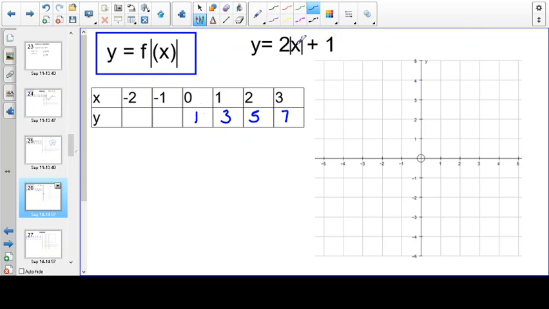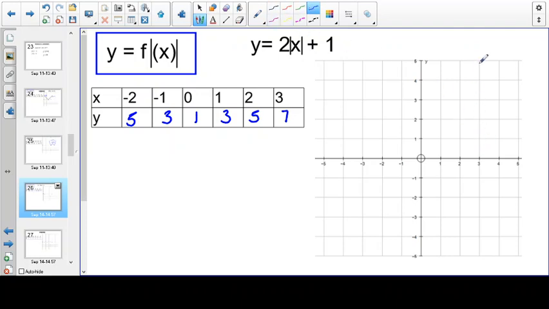Now this is where it's different. The modulus of minus 1 is 1. 2 times 1 plus 1 is 3. Modulus of minus 2 is 2. 2 times 2 plus 1 is 5. So it's slightly different. So you're substituting in the positive value rather than making the y coordinate be positive.